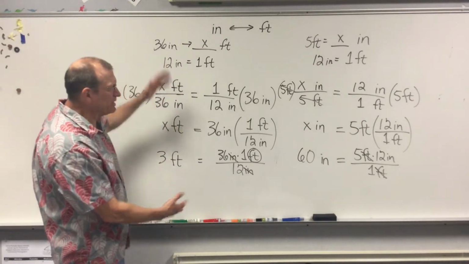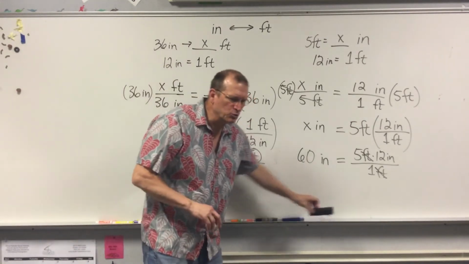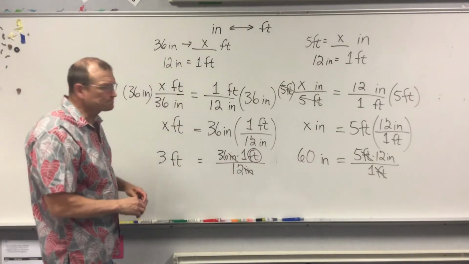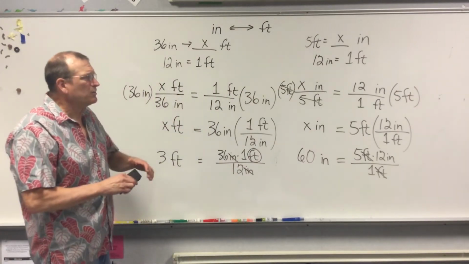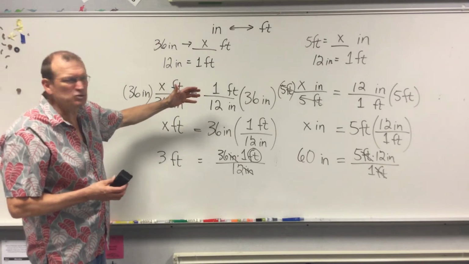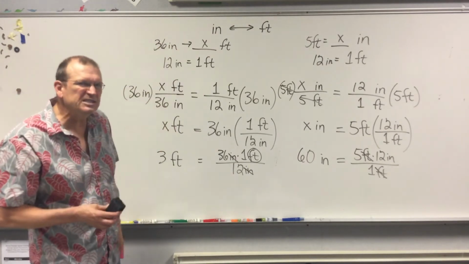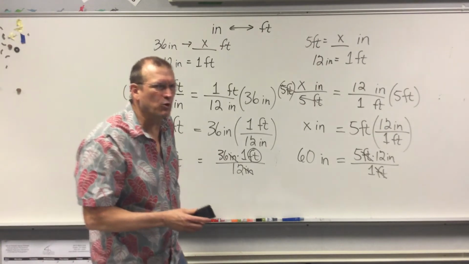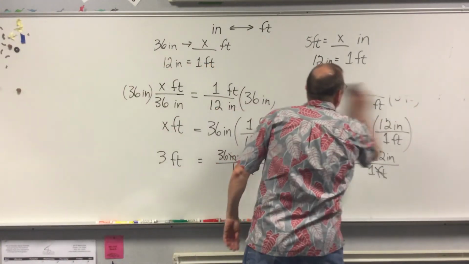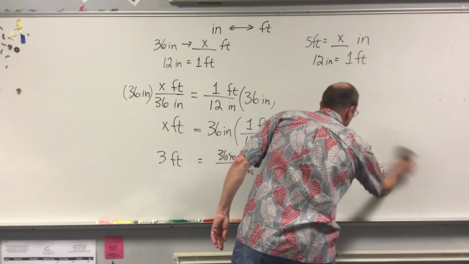Okay, so this is your very, very rudimentary introduction to about as simple a unit conversion as possible. And now we're going to look at a second one that's just a little more complicated. All right? And I've got my timer going.